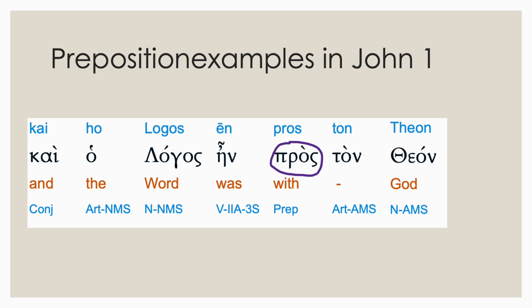So if it is towards him, it is making its move to be with him. So if you want to think of it that way, it is a good translation, and most translations render it this way, that the Word is with God. And that's a very normal way to render this sort of translation in Greek in general.